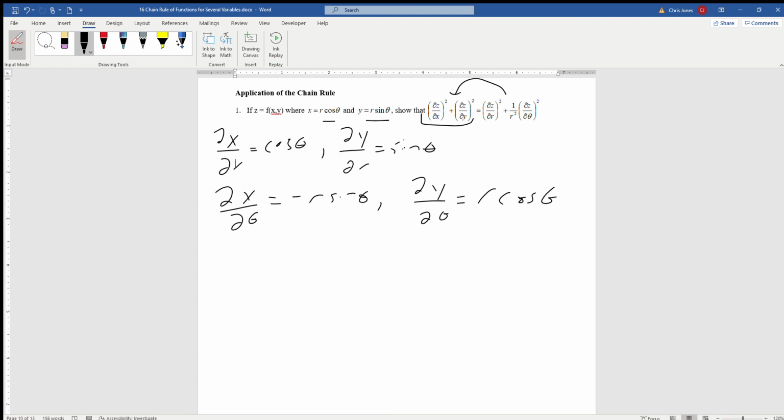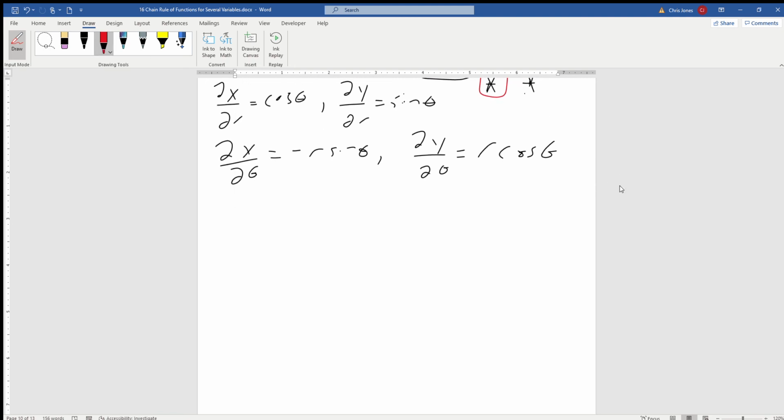Now we can use the chain rule on both of these, and I'm going to start with this one. I'm just going to do these in pieces. Everything I do in red is going to be partial of z with respect to r.